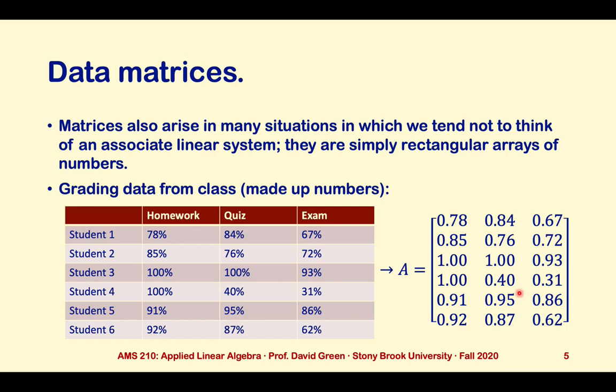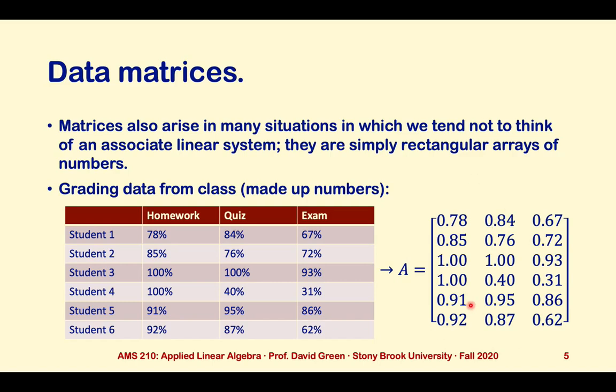This matrix simply stores this table of data, each column corresponding to score on an assignment, and each row corresponding to a particular student. Now, there are certainly systems of equations that we can set up using this to find average scores or things like that.